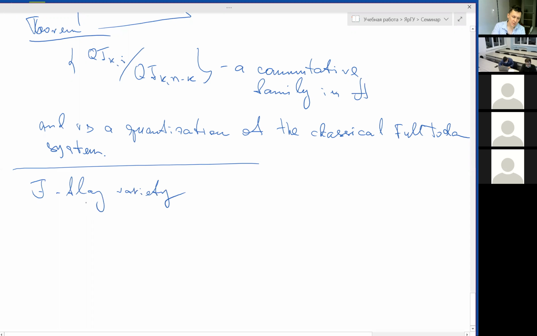It appears in the context of the classical models by the following observation: a symmetric matrix can be represented in this form, where psi is an orthogonal matrix and lambda is a diagonal matrix.